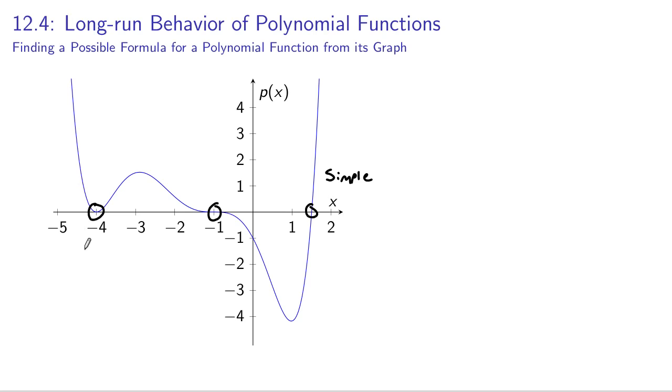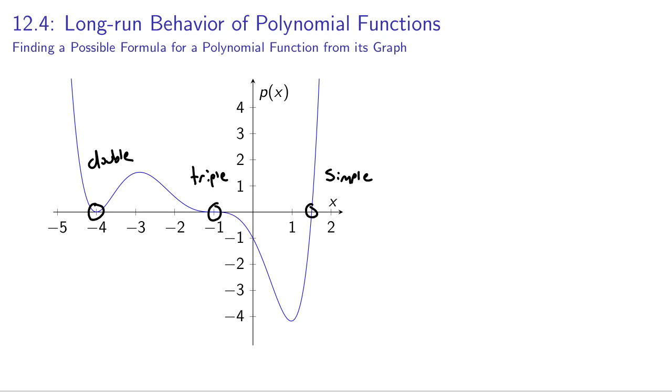This looks like x squared locally, so this is going to be a double 0, at least. And here we have a 0 where we come close to the axis, touch it, and go back down. So this looks like a triple 0. This looks like x cubed, not like a line locally. So we're actually going to have 6 zeros here.